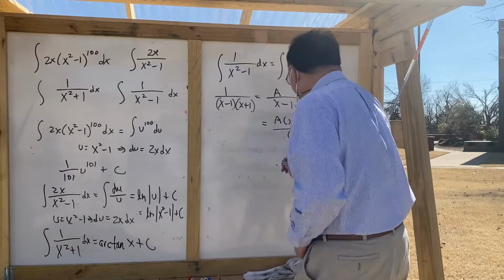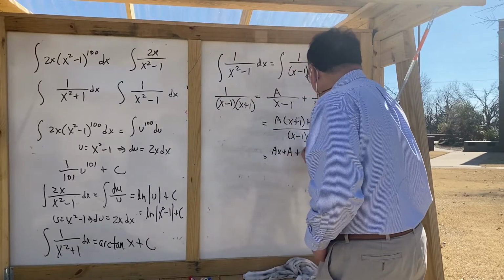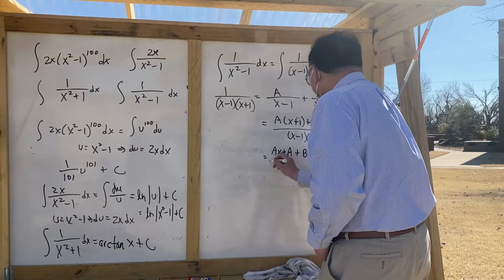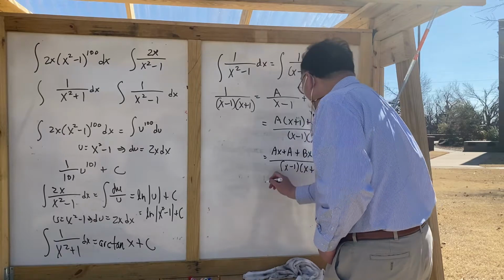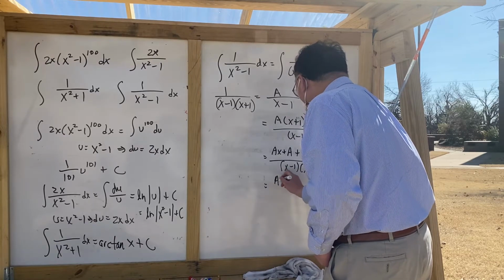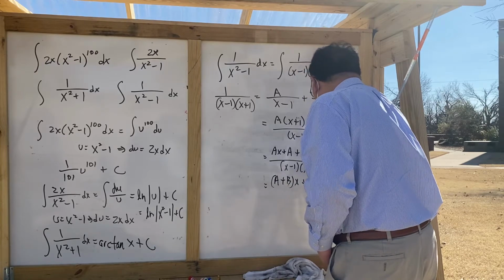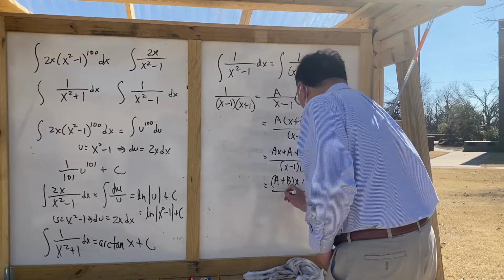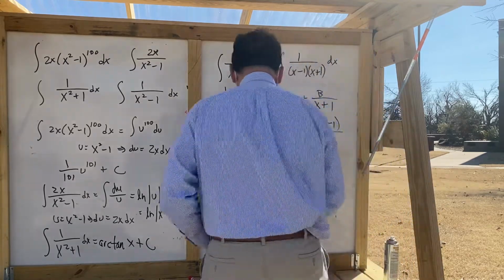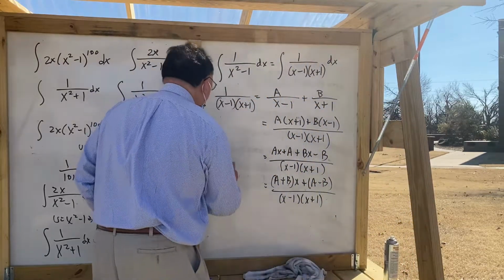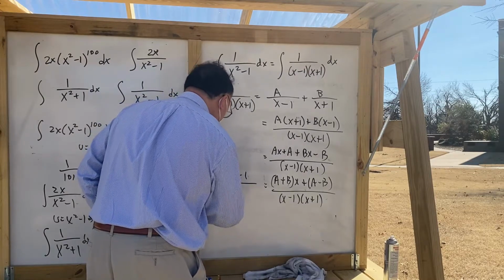This is equal to ax plus a plus bx minus b, which is a plus b times x plus a minus b, all over x minus 1 times x plus 1. This is equal to 0x plus 1 all over x minus 1 times x plus 1.